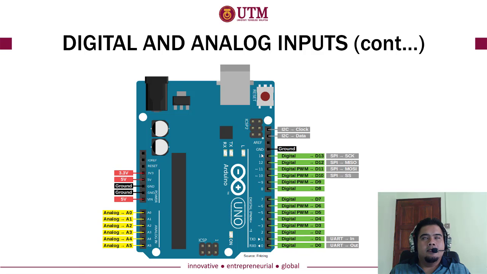And let's say if you want to design something where you require digital output, then you also can assign this pin from 0 to 13. So how about the analog output? For analog output, you can use the one that has the label digital PWM.